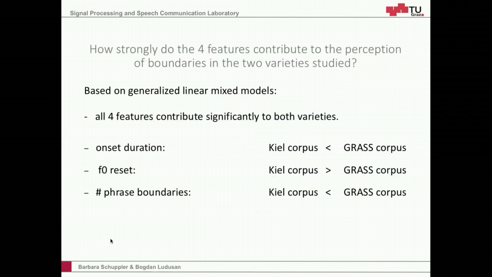On the other hand, F0 reset was a higher significant, more important feature for the German data than for the Austrian listeners. So F0 reset plays a larger role for the German data.